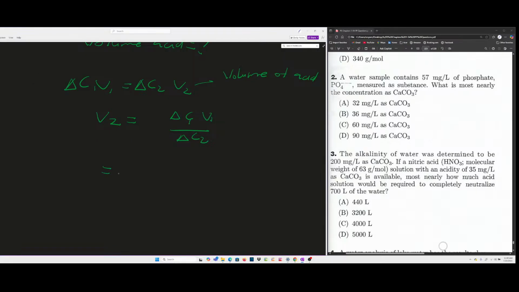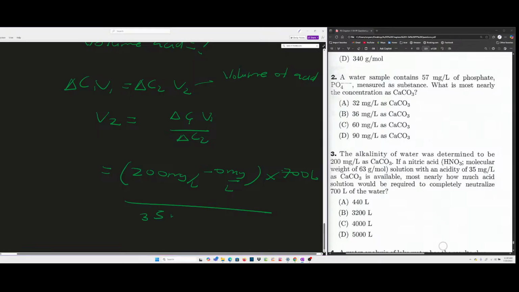We have the concentration of our water in the alkalinity solution, the concentration of water as CaCO3, as 200 milligrams per liter. The change in concentration is minus 0 milligrams per liter because nothing changed. Multiply by the volume, which is 700 liters. And the change in concentration of 2 is 35 milligrams per liter minus 0 milligrams per liter because they completely neutralize.